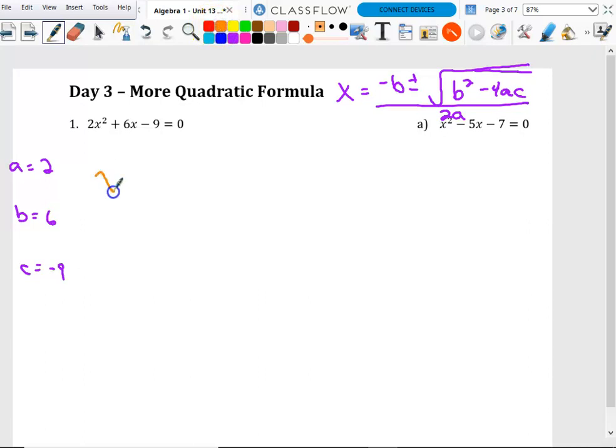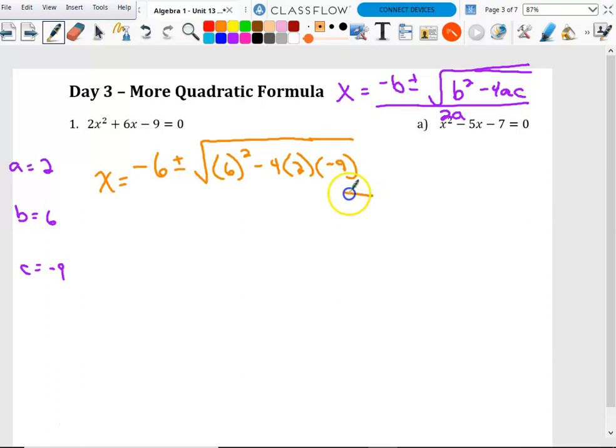x equals negative b plus or minus the square root of b squared minus 4 times a times c. Watch out for positives and negatives. That's where many of our mistakes end up. All over 2a.